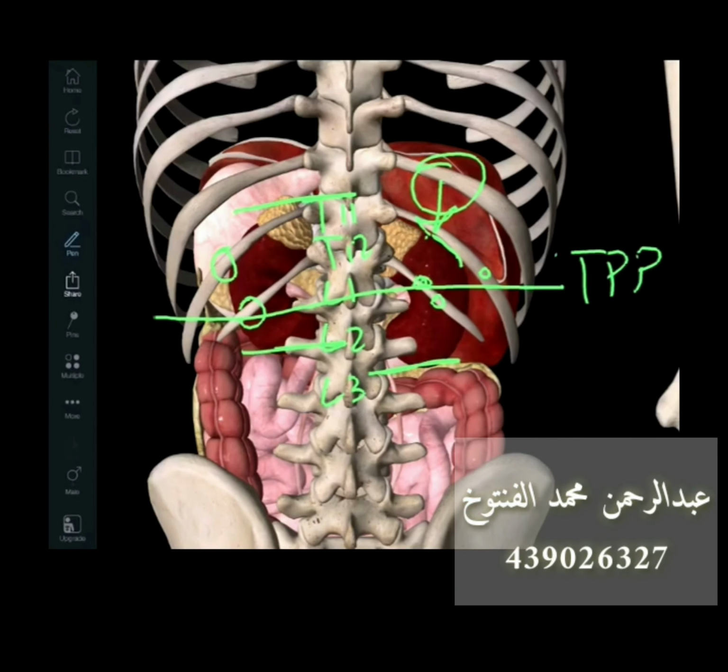The hilum of the right kidney is slightly lower than the level of the transpyloric plane, while the hilum of the left kidney is at the level of the transpyloric plane.